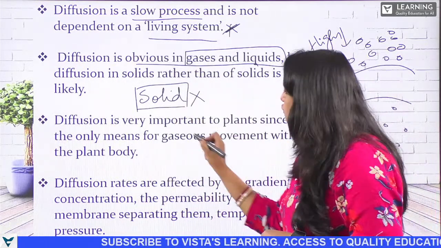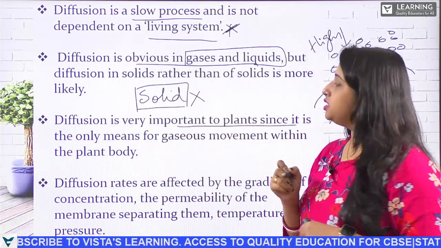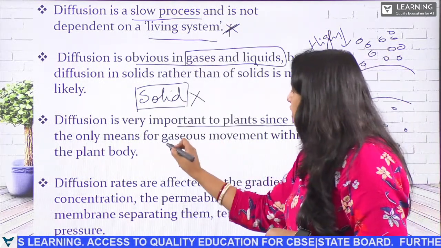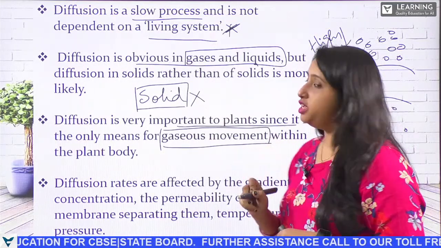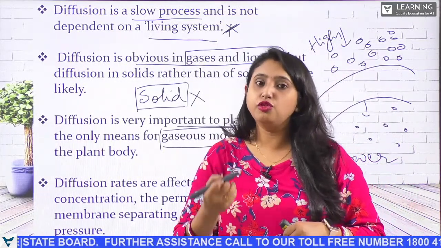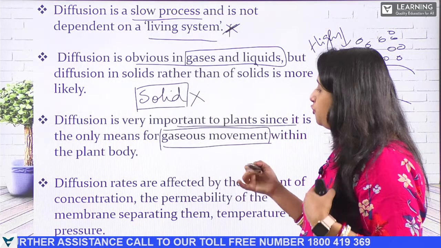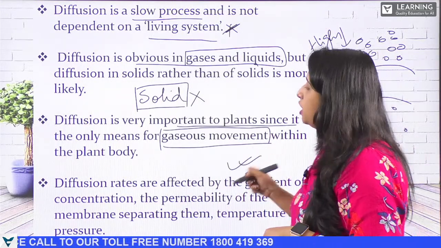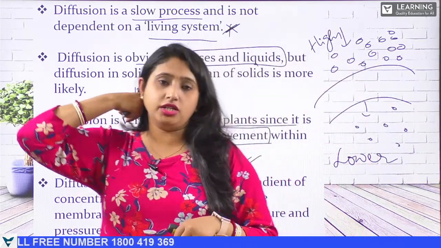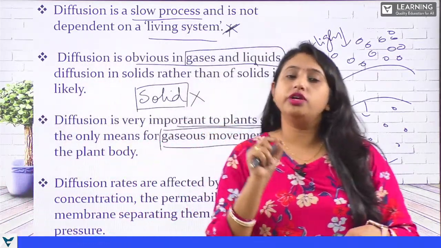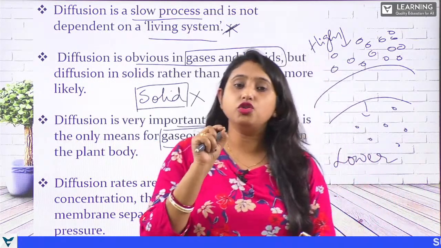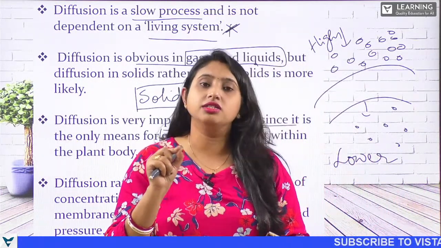Next, diffusion is very important to plants since it is the only means for the gaseous movement in the plant. So what are the various factors that affect the diffusion rate? The diffusion rates are affected by the concentration gradient.